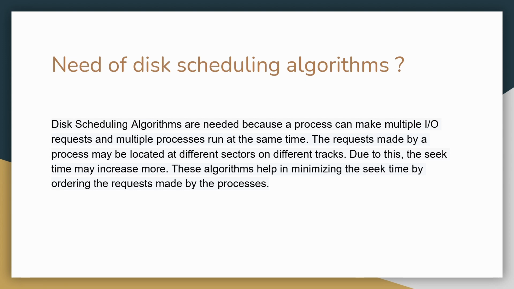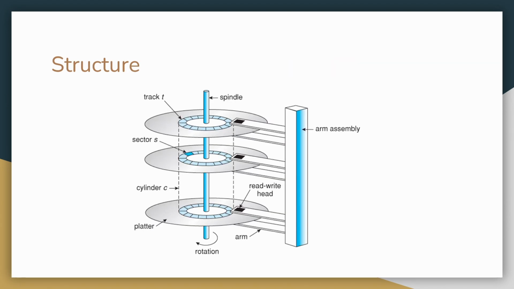So, let's see what the structure of disk storage looks like. A magnetic disk is the easiest way to implement the secondary memory. Each disk platter has a flat circular shape like a CD or DVD. Both the surfaces of the platters are covered with magnetic material.